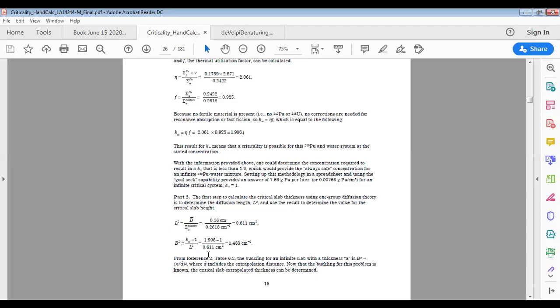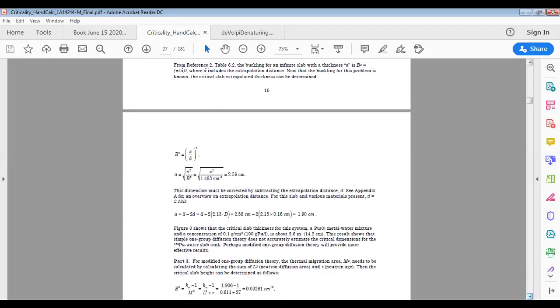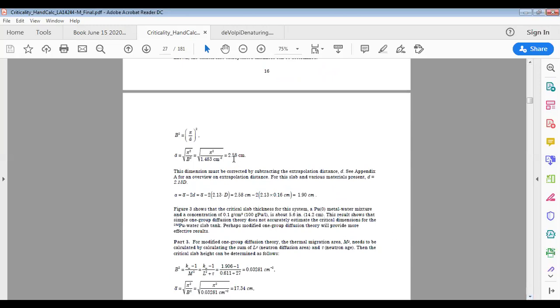The material buckling is a number which we've got to put equal to the geometric buckling, which for a slab is pi over a bar square. Now notice it's a bar square, a bar meaning that the extrapolation distance is included. So when we put the B square of material equal to the B square of the geometric buckling, we are able to find the dimension a bar as 2.58 centimeters.